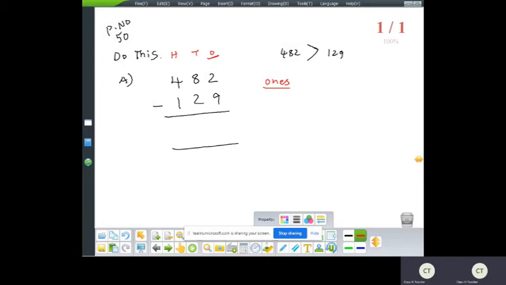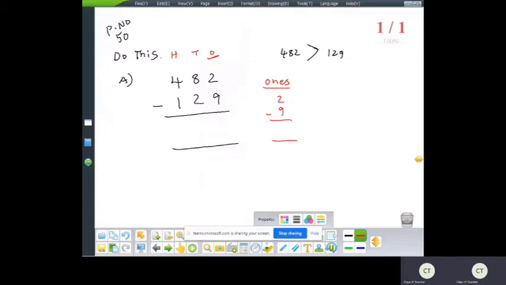Under the ones place, the digits are 2 and 9. 2 minus 9. Here 9 is bigger than 2, so we cannot take 9 from 2. Here subtraction is smaller number minus bigger number.